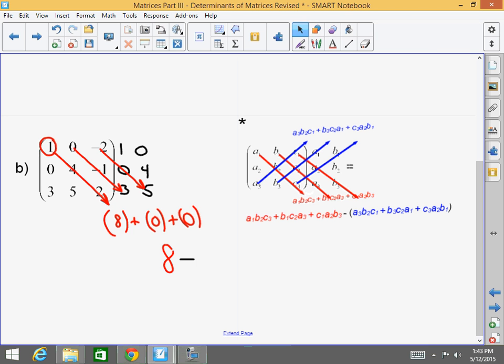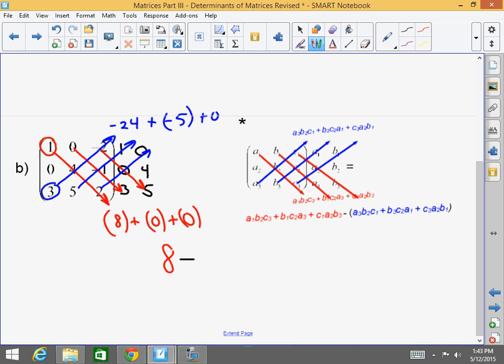Minus, now let's go sum of blues. Bottom left-hand corner. What's 3 times 4 times negative 2? Negative 24. Plus, what's 5 times negative 1 times 1? And what's 2 times 0 times 0? So negative 24 plus negative 5 is a negative 29.